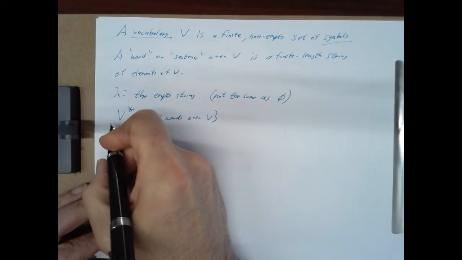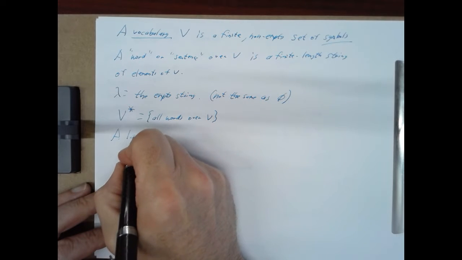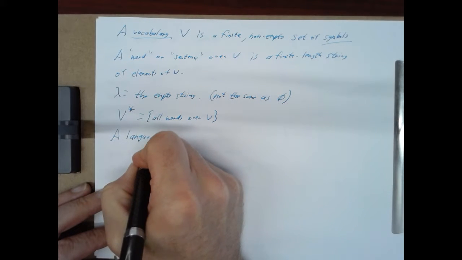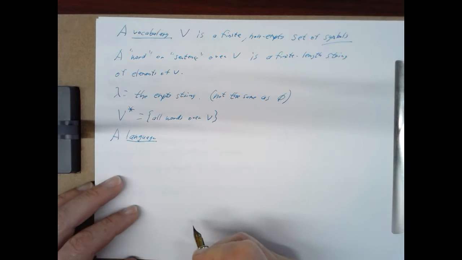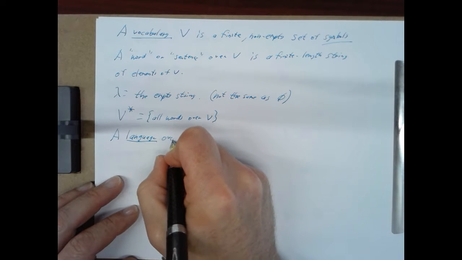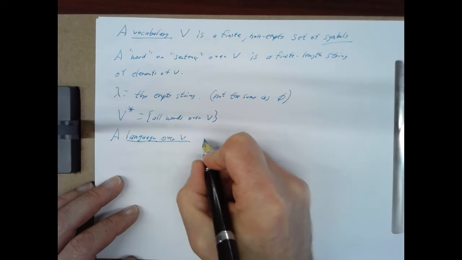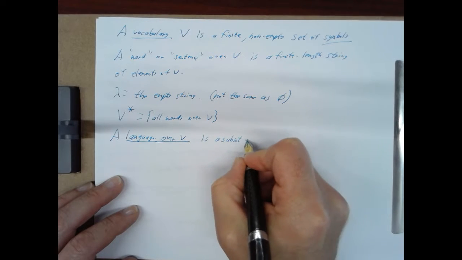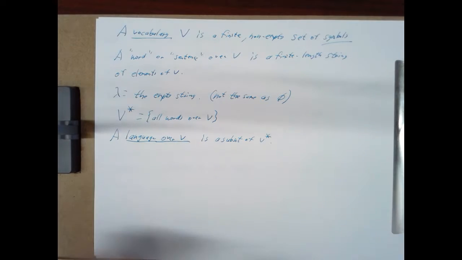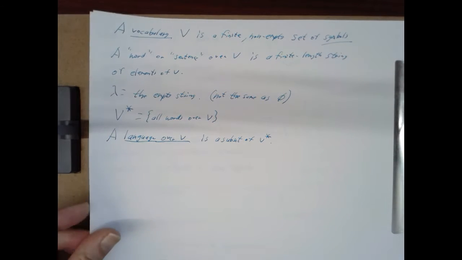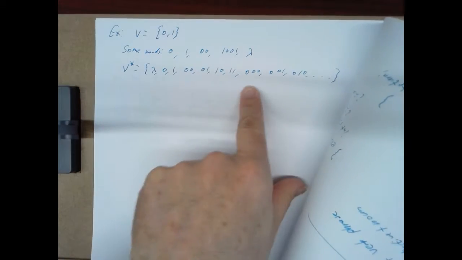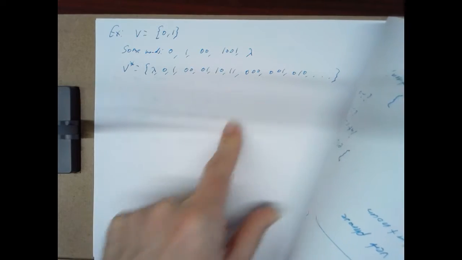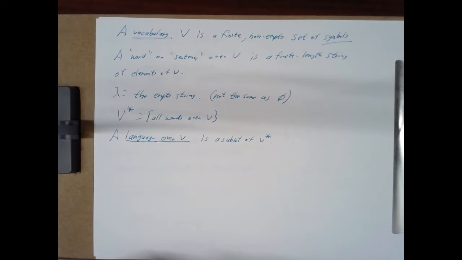So what we're after is a language. So a language over V is a subset of V star. So we're looking for a particular collection of strings that are interesting to us. That's what we're going to call a language.